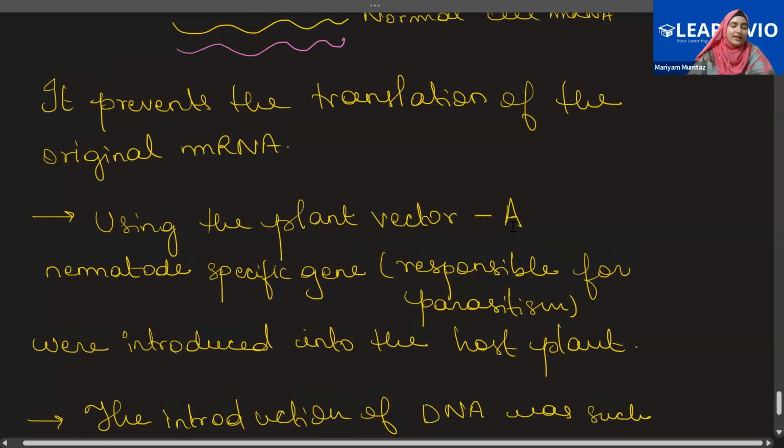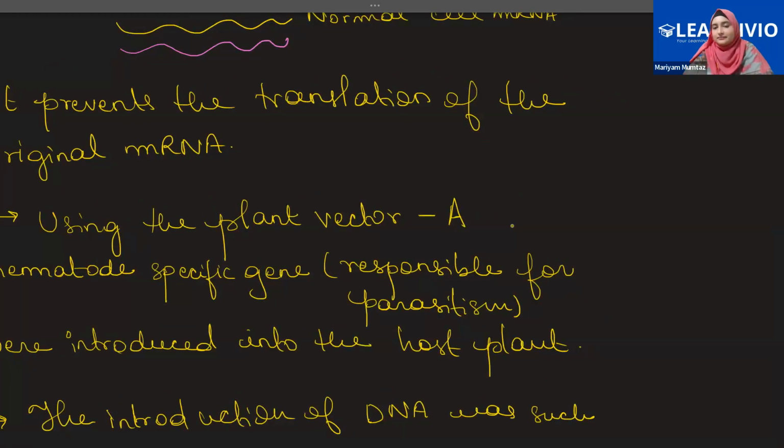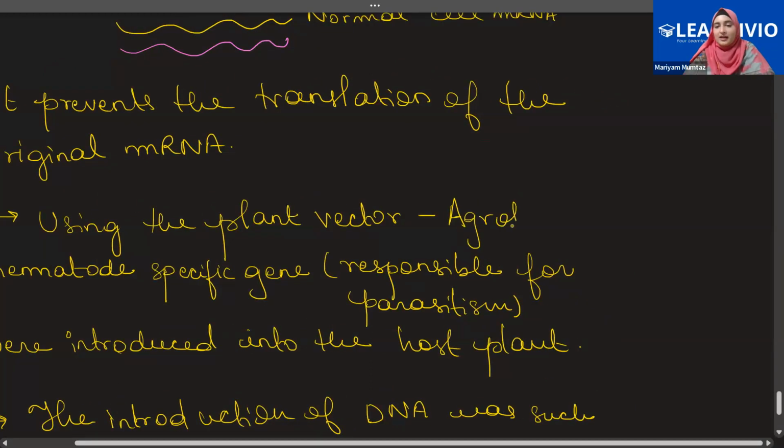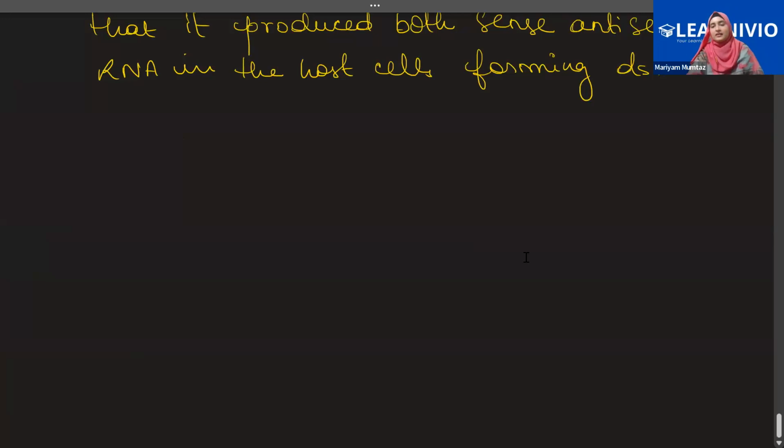Agrobacterium. Yep, agrobacterium. What is so special about agrobacterium? It is the pathogen of several dicot plants, which is able to deliver a piece of DNA to the host cell. But what is the property of agrobacterium? Have I taught you that?